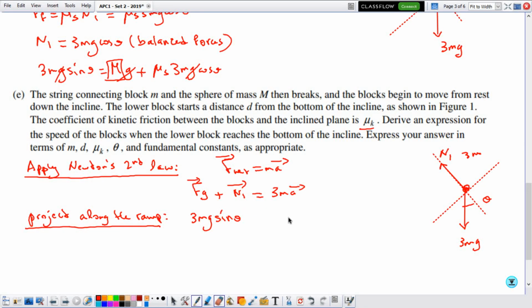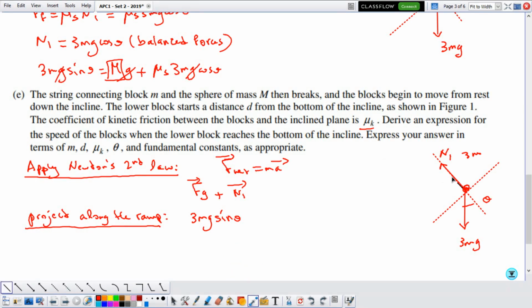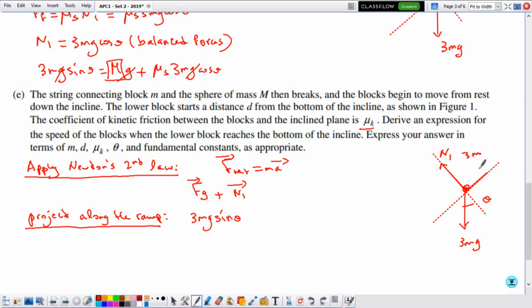Sorry, here I forgot to add friction. So we have a friction because they are moving down. We have friction to be up, and this friction is kinetic friction, so plus Ff equals ma, and that would be 0 minus Ff, so this is 3ma.